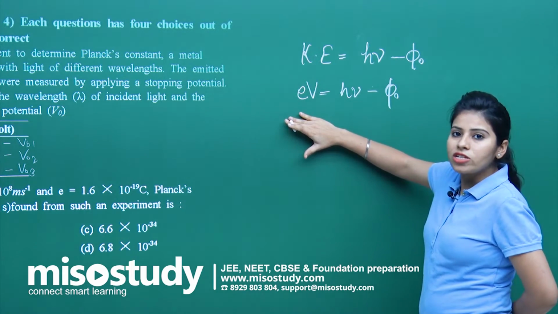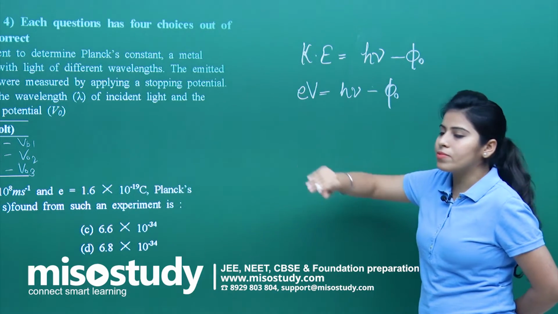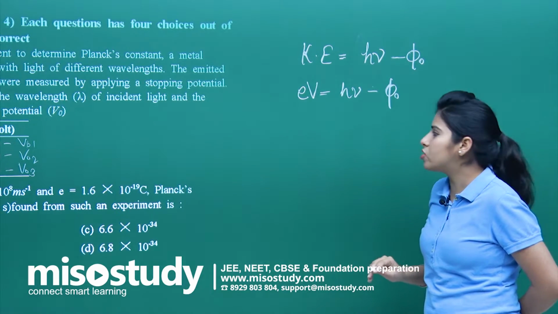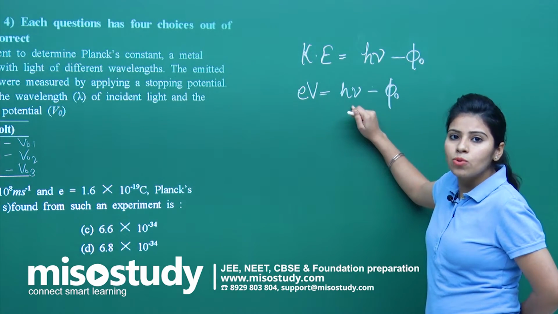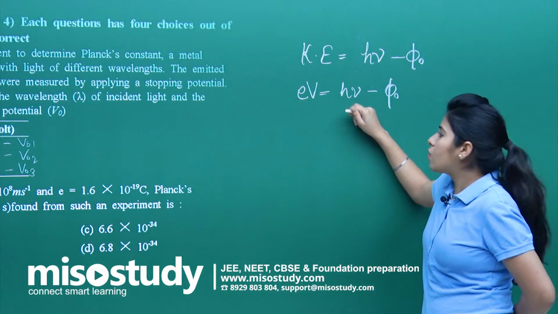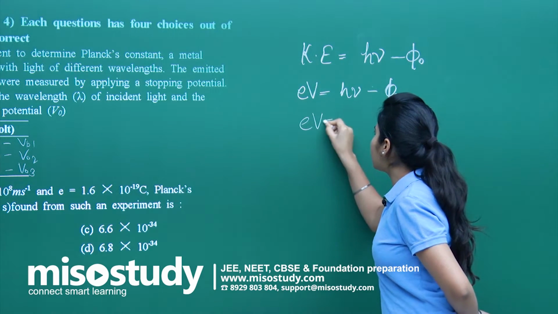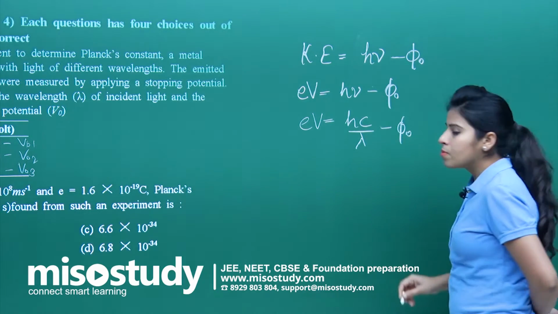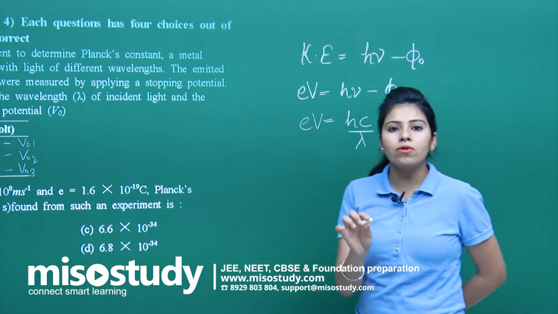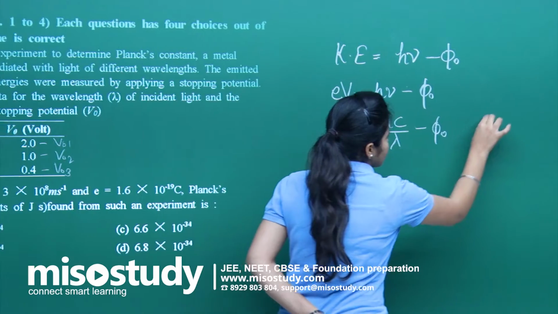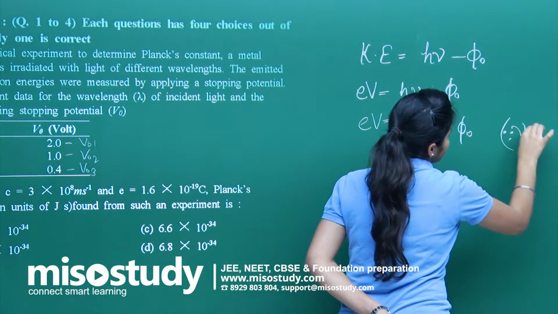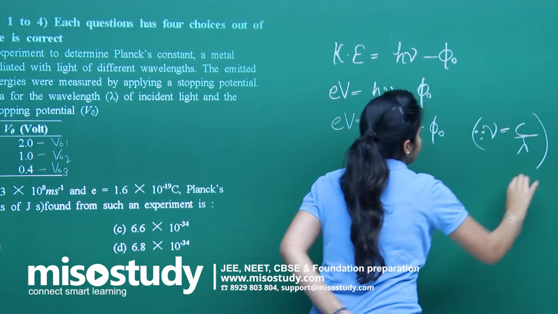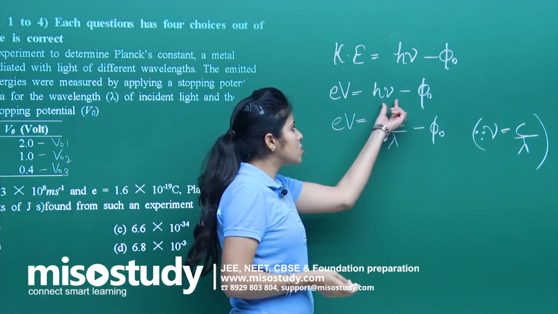Now from this equation you have a number of wavelengths and a number of stopping potentials. Can we write this nu in the form of wavelength? Of course. eV equals hc by lambda minus phi naught, because nu equals c by lambda.